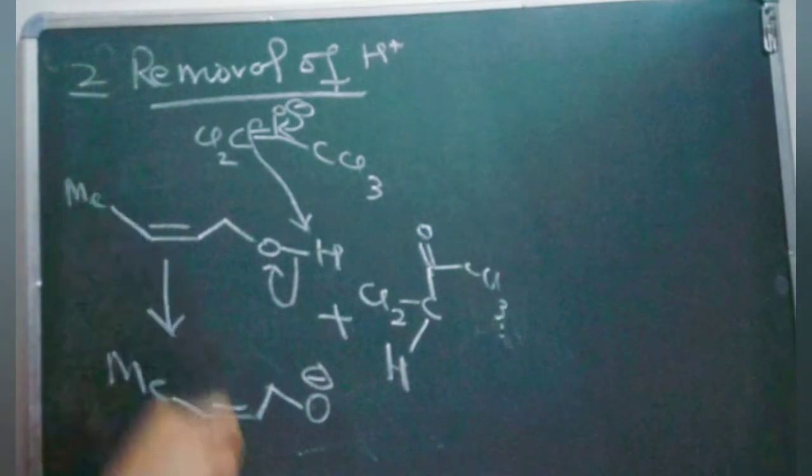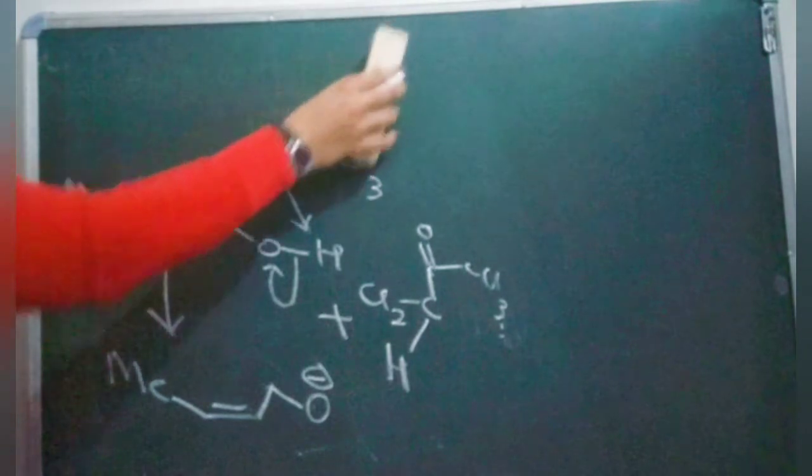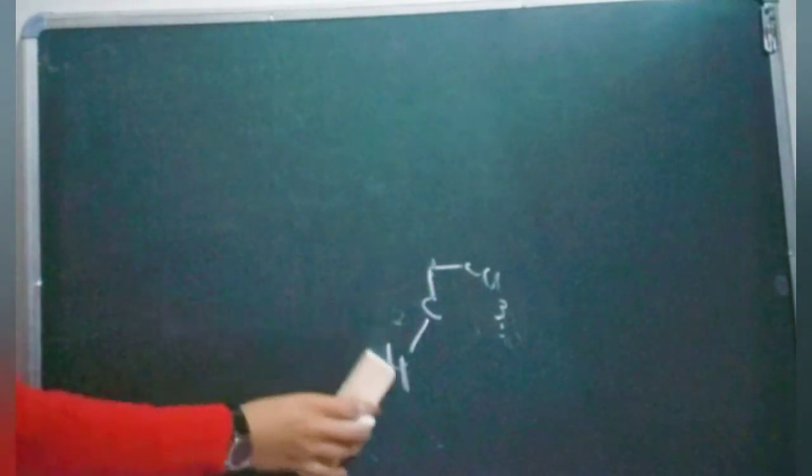Okay, now we are having next step. What will happen? See, in next step there will be formation of strong phosphorus oxygen bond. It is a very good reaction, and there is an SN2 reaction step. SN2 reaction is taking place with inversion of configuration. How is the phosphorus oxygen bond formed?